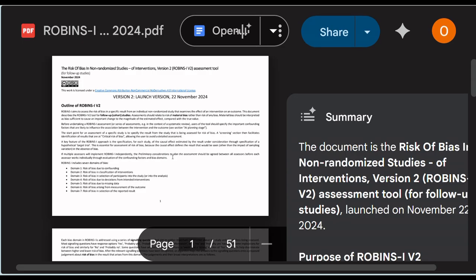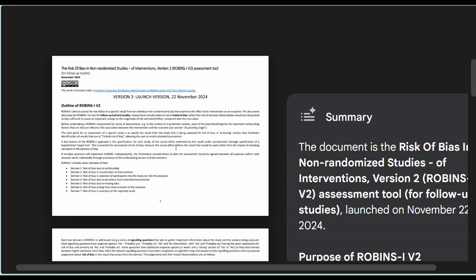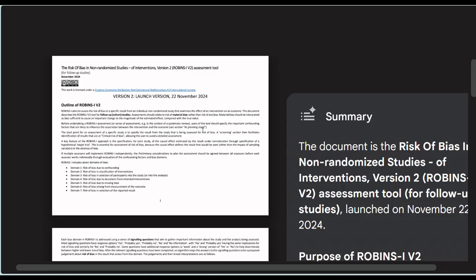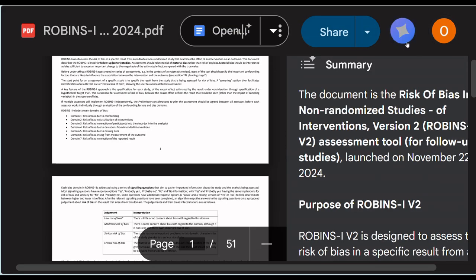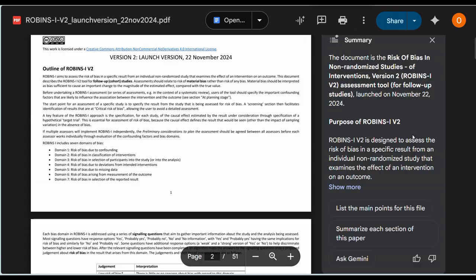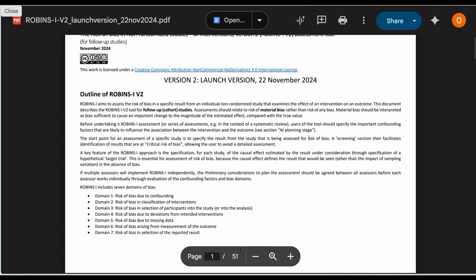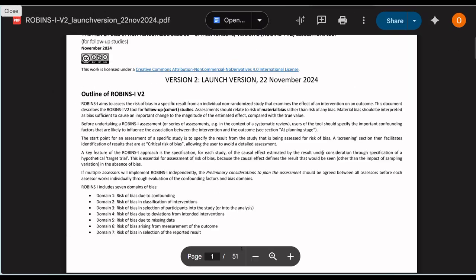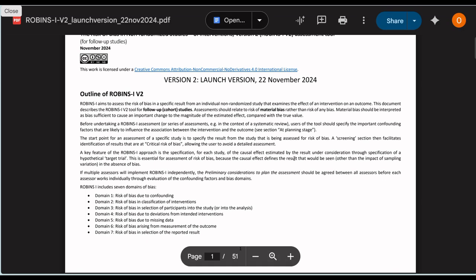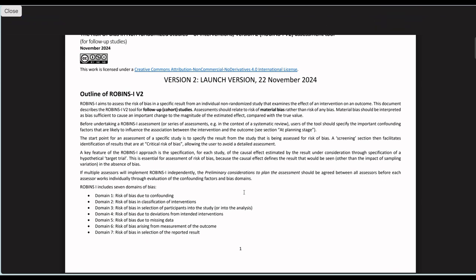This is ROB2. Just a minute. In order for you to carry out risk of bias. Risk of bias is another form of quality assurance for those who are doing meta-analysis.